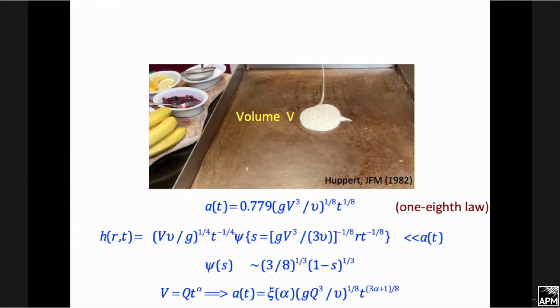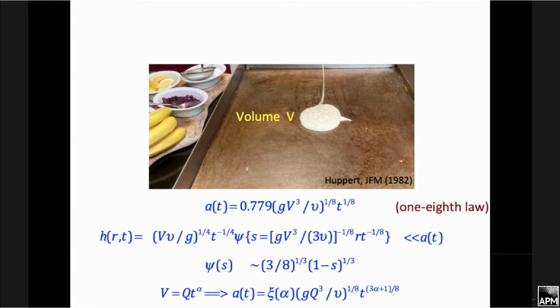But in that paper, by writing down the differential equations, nonlinear partial differential equations, you can show the radius, which is indicated by A of t here, goes like time to the 1/8, very slowly. That's the 1/8 law, with the physical coefficients g for gravity, V for the volume, nu for the kinematic viscosity, and that combination (gV^3/nu)^(1/8) and a number that's near enough to 0.8.